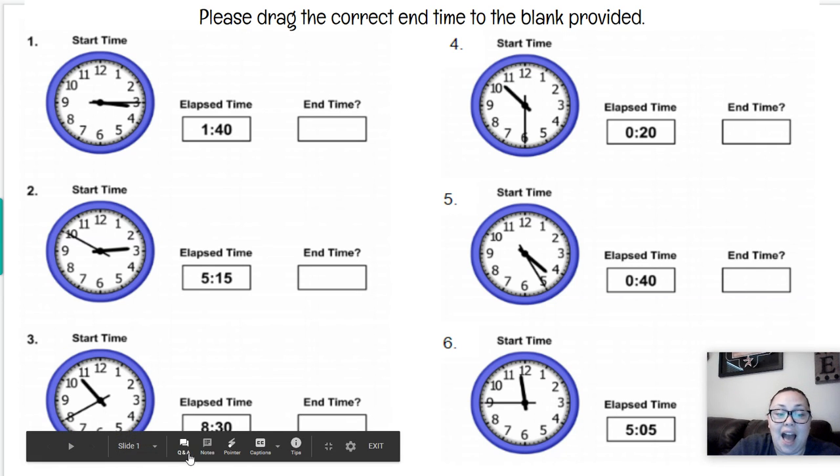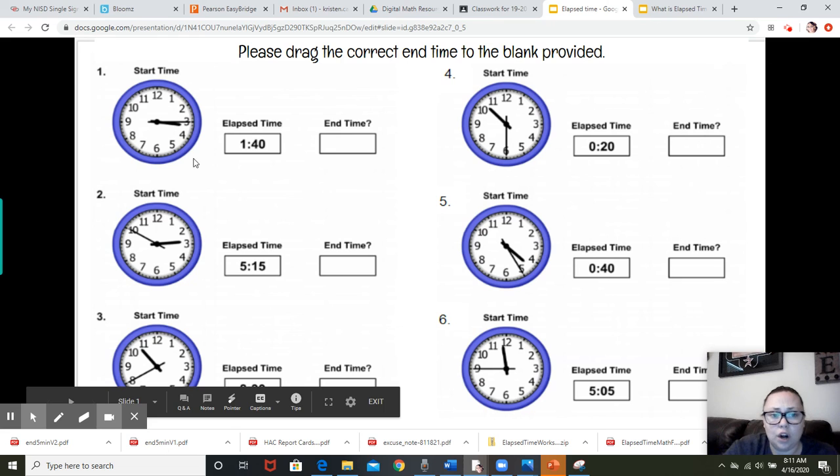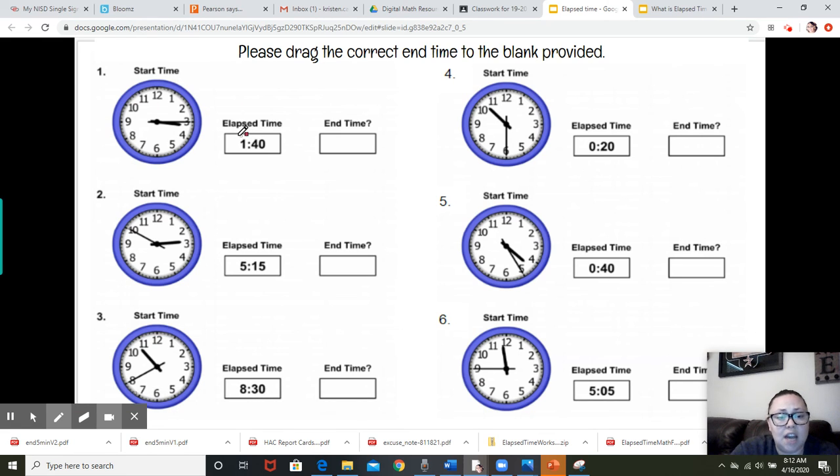So you're going to add your hours. If Miss Kaylee was like, okay, our start time is 3:15, I've got to add 1 hour to that, so 3, 4, and then 40 minutes. So 15, and I'm going to add my hills. 15, 5, 10, 15, 20, 25, 30, 35, 40.